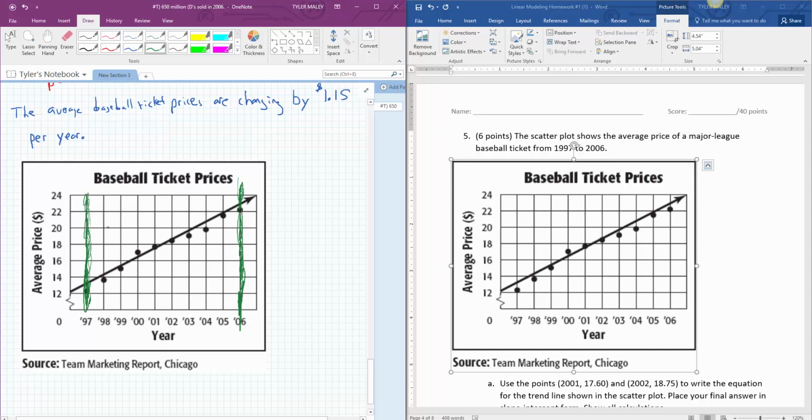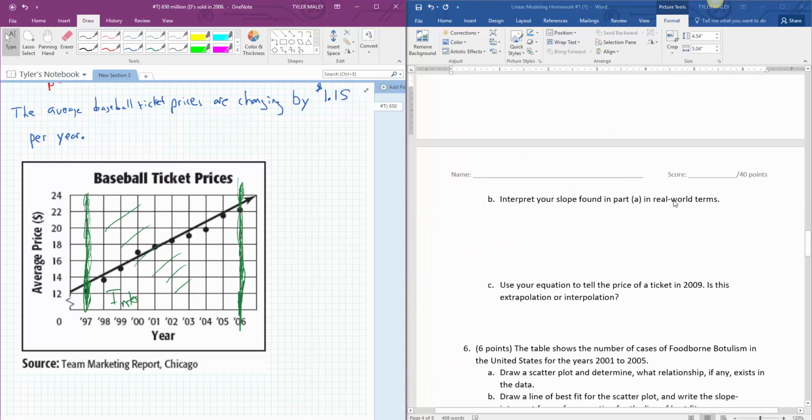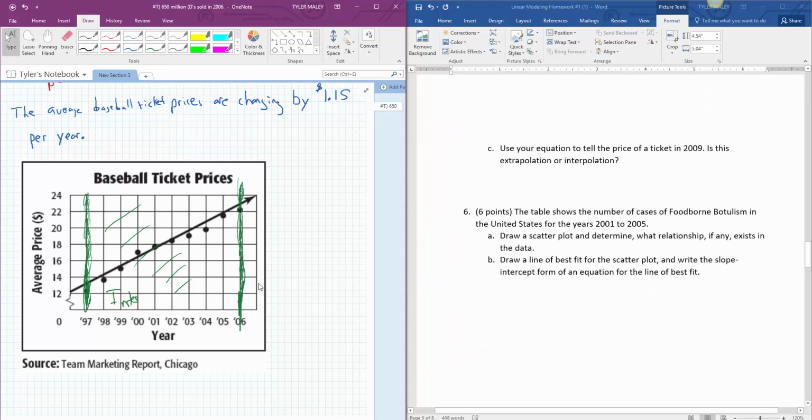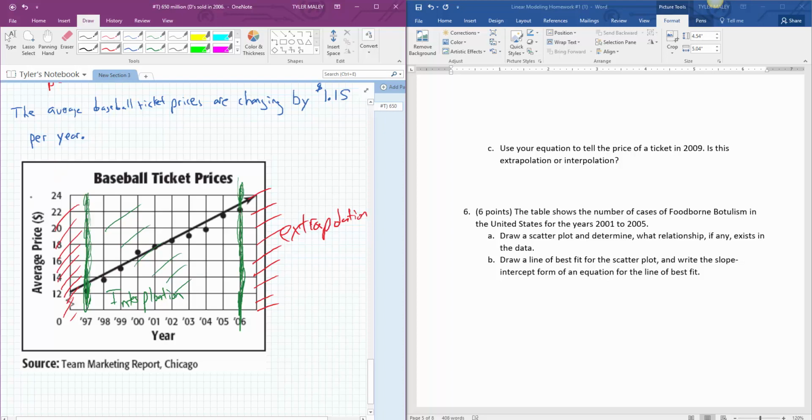So anything inside of here is called an interpolation. And then anything on the outside, so it can be after here or before over here, is called extrapolation.